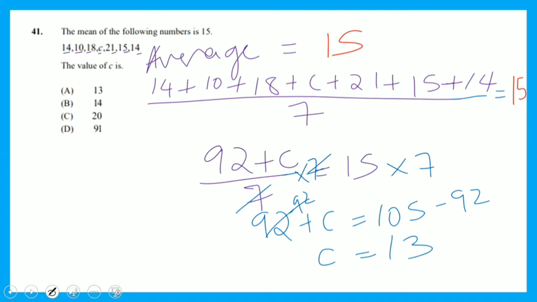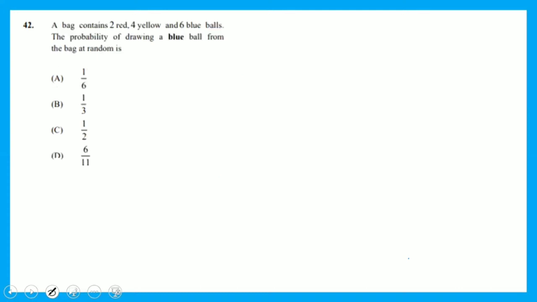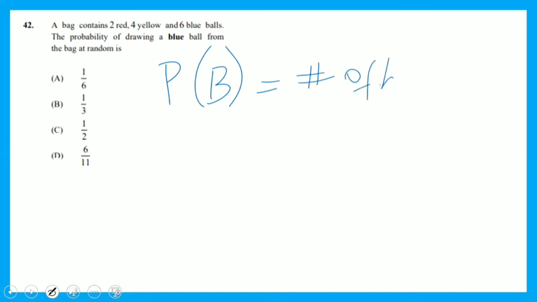Now to the final question for today. It says a bag contains 2 red, 4 yellow, and 6 blue balls. The probability of drawing a blue ball from the bag at random is... If we want to find the probability of drawing a blue ball, we need to know the number of blue balls divided by the total number of balls in the bag.